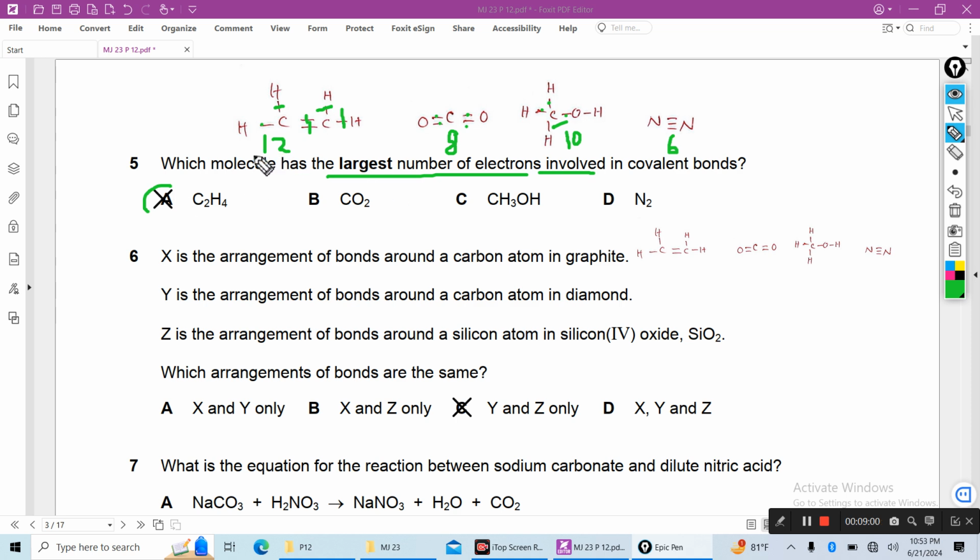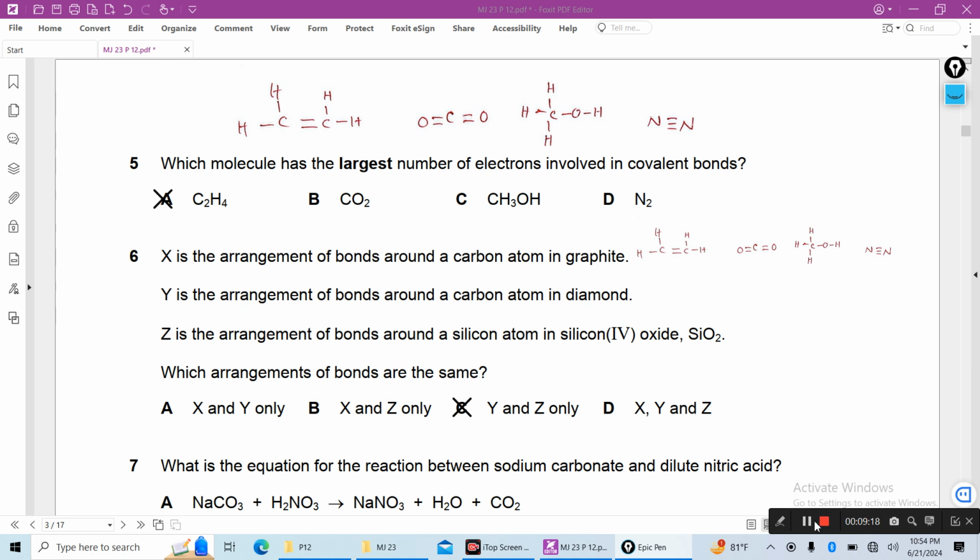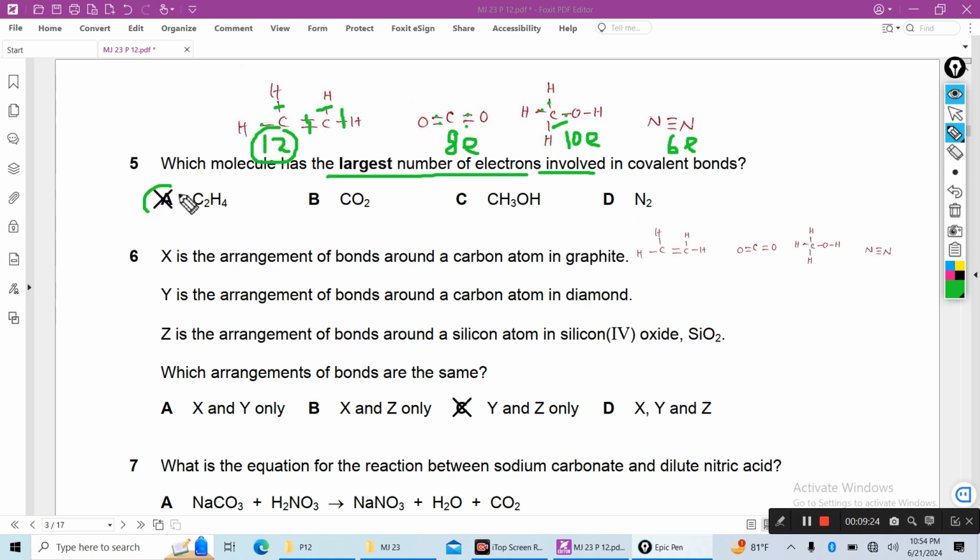Ethene involves 12 electrons, carbon dioxide 8 electrons, methanol 10 electrons, nitrogen 6 electrons. So A is the right answer, ethene.